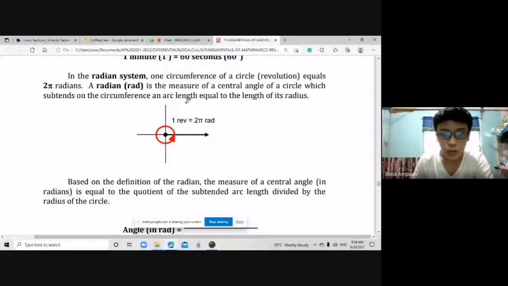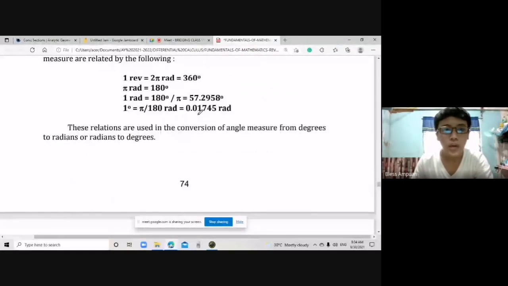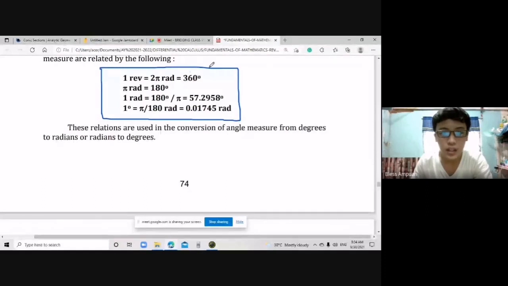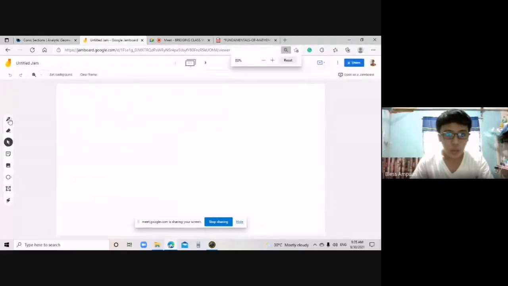So 1 revolution is equal to 360 degrees, and it is also equal to 2 pi radians.